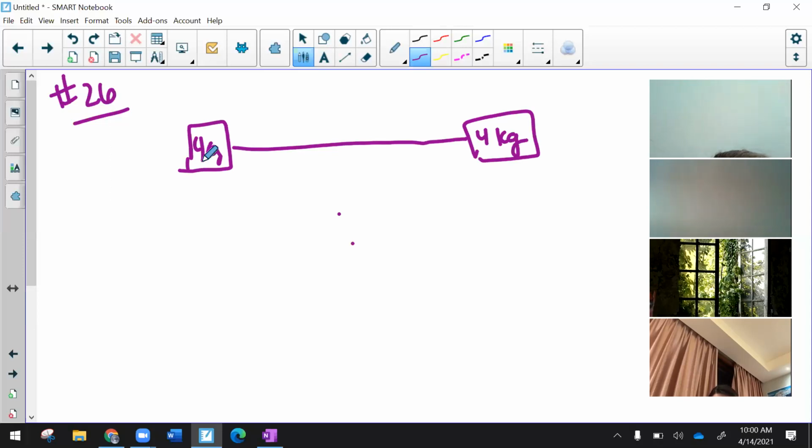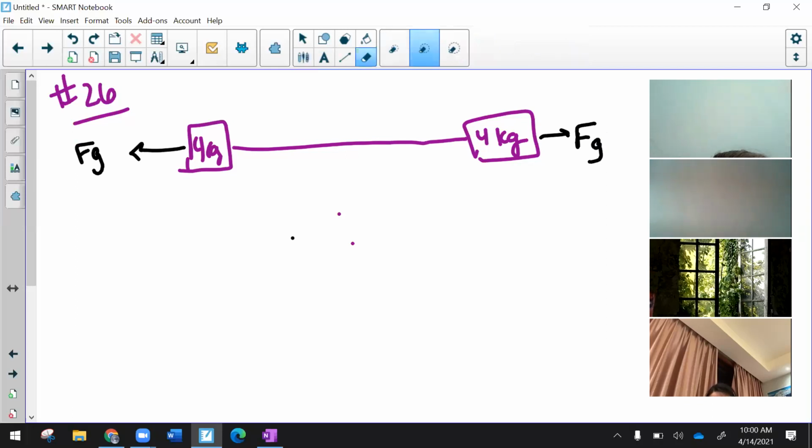The pulleys are somewhere in the middle. And then basically this is my F_G. Because all I'm doing is unfolding it, bending it up. But F_G is still the force that's pulling down on the masses.